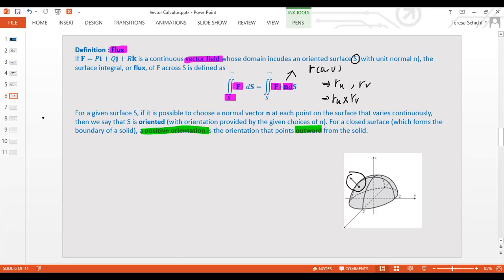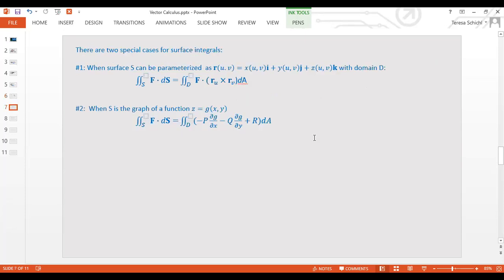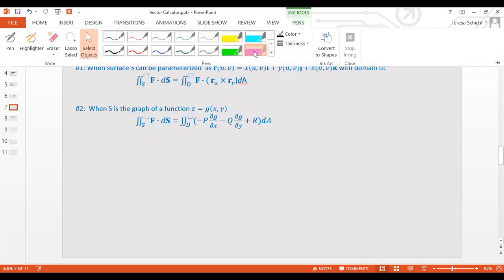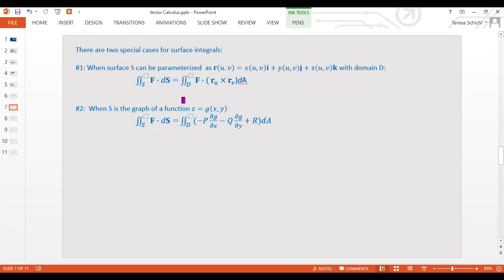The next thing is very handy. There are two special cases for surface integrals. First, if you can parameterize your surface, then you can just use r_u cross r_v, because r_u cross r_v is a normal vector.